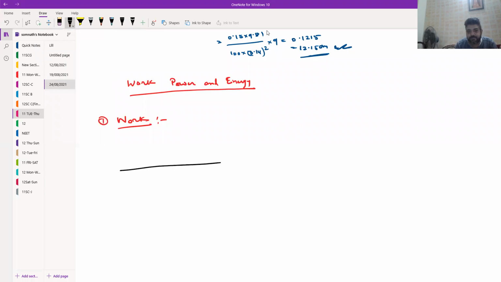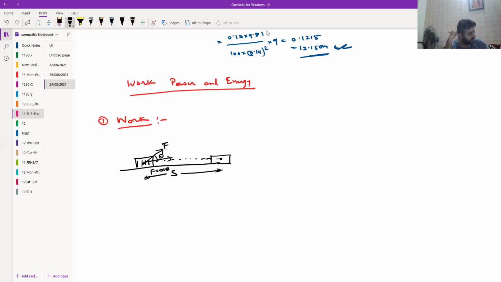What do you mean by that? Suppose a body is placed here and you are applying a force. Due to that force, if the body moves, then only work is done. If the body does not move, then no work is done. Suppose the body moves a displacement S. So force along the displacement, times displacement, is called the work done.